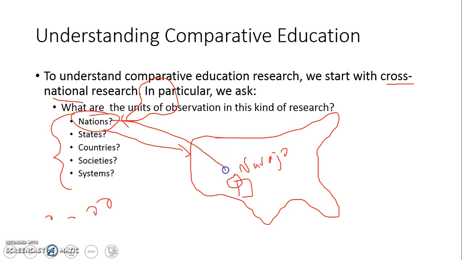So that nation exists within the United States. We also have the idea of countries, which are sometimes coterminous with the political boundaries of the state, although the state is often more specifically defined by the politics and the political system. We have societies that exist within these and across these as well.